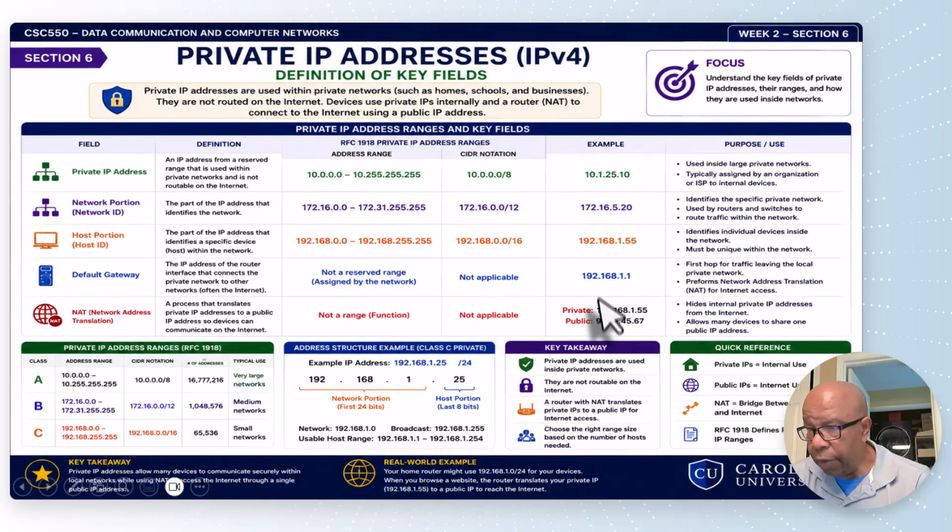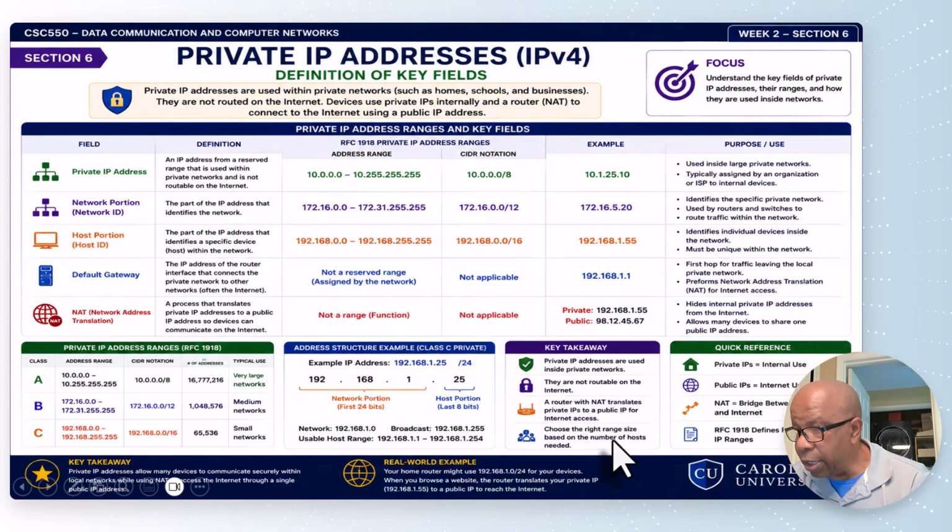Other things here, address structure, example of a Class C private network. Key takeaway: private IP addresses are used inside the private network. They're not routable on the internet. A router with NAT translates private IPs to public IPs for internal access. So there's a conversion between the private address and the public address.